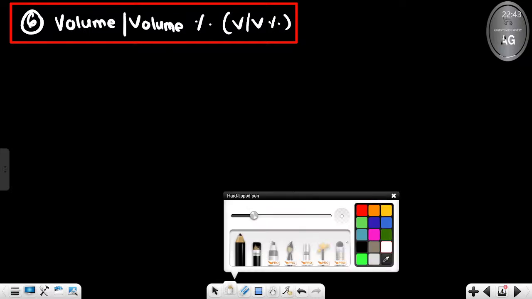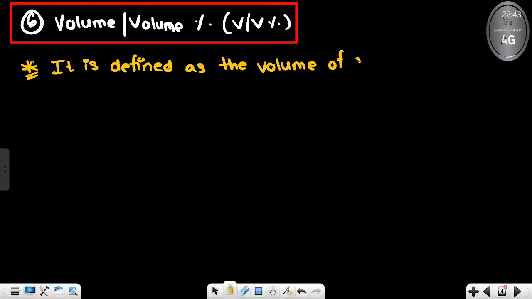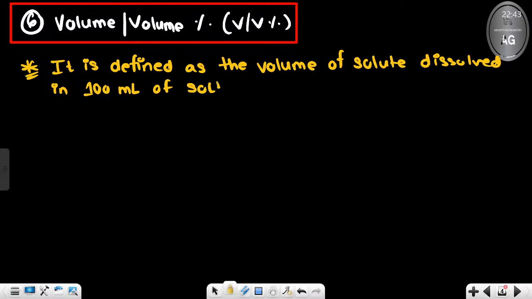So what is going to be the definition? Let us write the definition at first. It is defined as the volume of solute dissolved in 100 ml of solution. Did you understand?